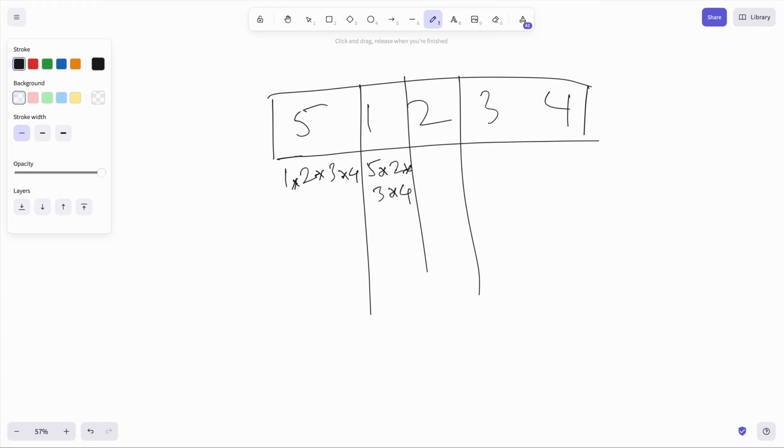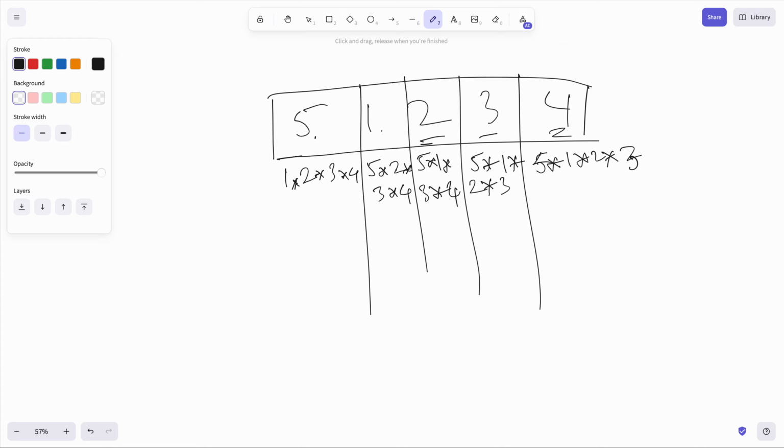You can find a pattern here: multiply 5, then skip 1, and go on to multiply 3 and 4.